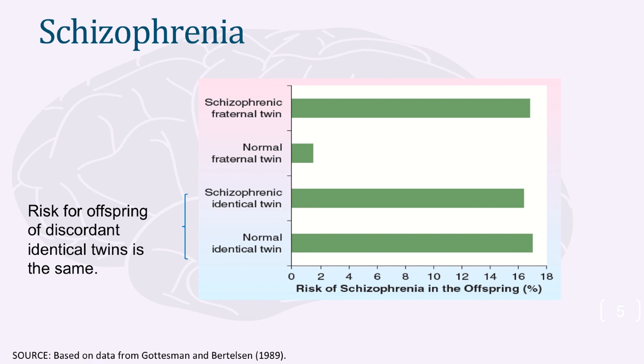What we find is that their offspring, so these individuals have children, their offspring are equally likely to develop schizophrenia, regardless of whether they're the offspring of the parent without schizophrenia or the parent with schizophrenia. So the presence of the condition does not create a higher predisposition for their offspring to have schizophrenia. What's important here is the genetic inheritance that the children are receiving.